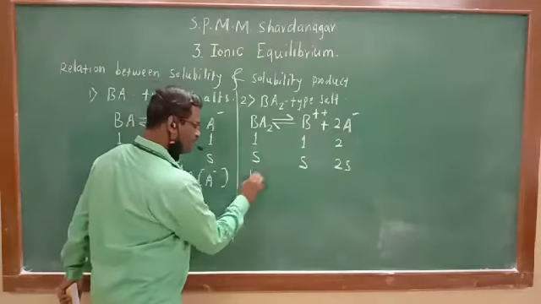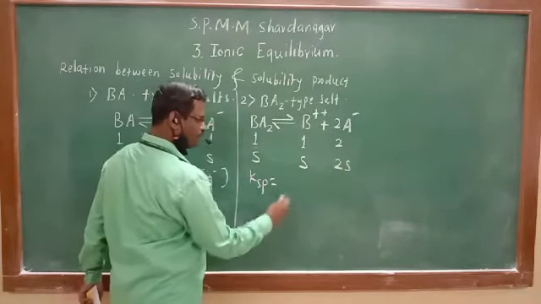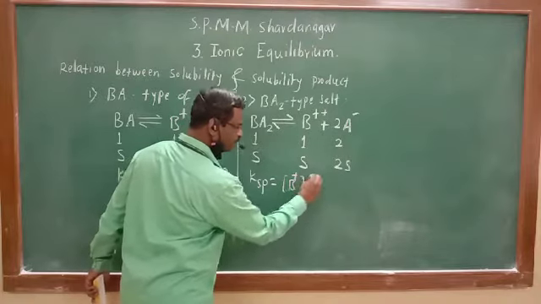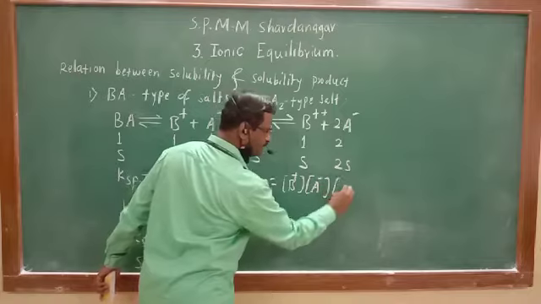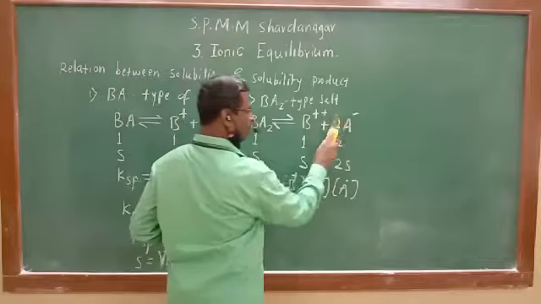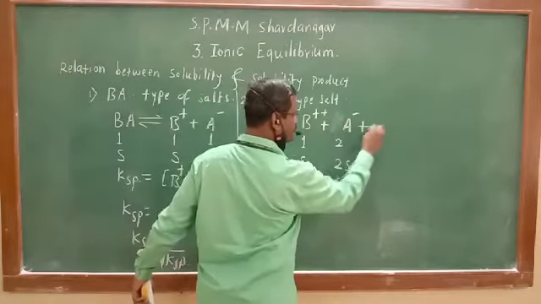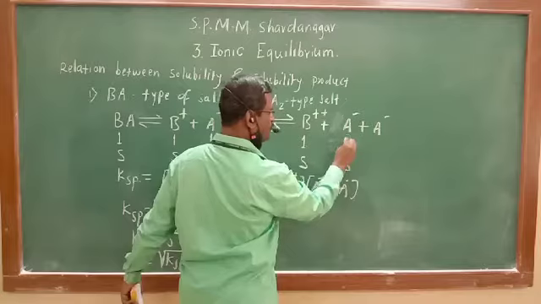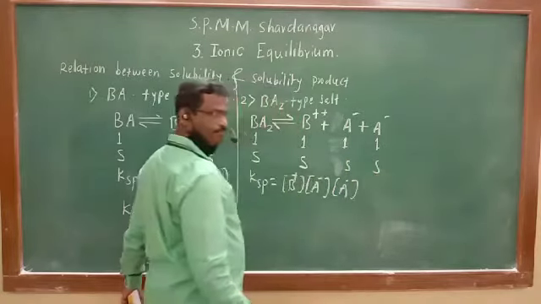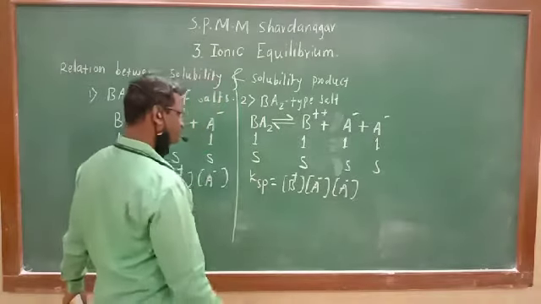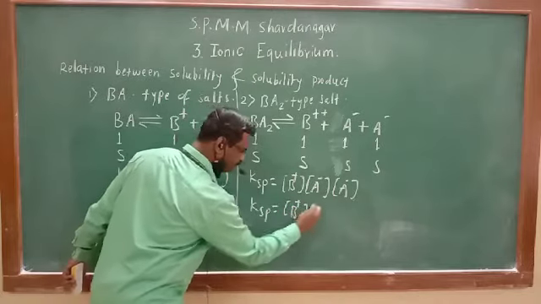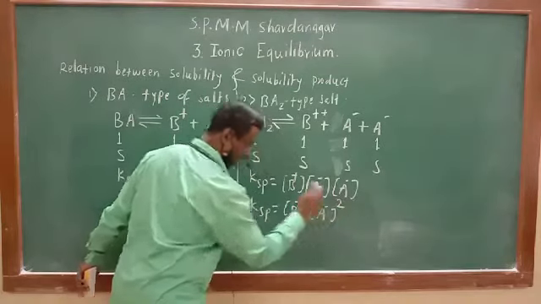Write the equation of solubility product: Ksp is equal to concentration of B++ into concentration of A minus into concentration of A minus. See, we can write 2A minus as A minus plus A minus. So this is 1, this is again 1, so this is S, this is S. One and the same. So Ksp will be equal to [B++][A-] square.